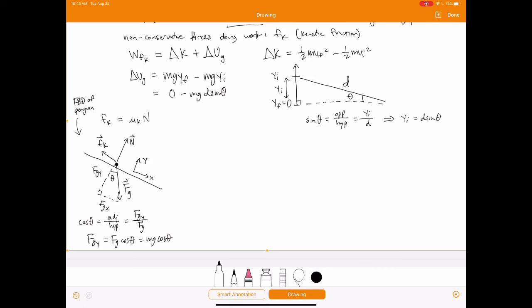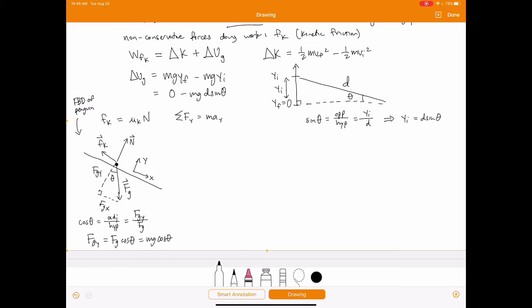So the reason I did all that is now I can use Newton's second law. The net force is equal to mass times acceleration, and we can specifically look at the y direction, because if we do that, we can solve for the normal force.